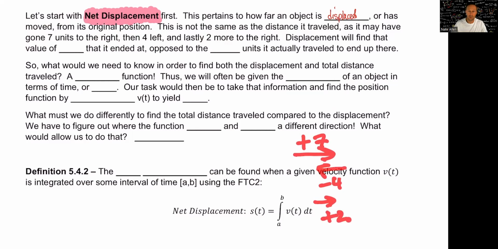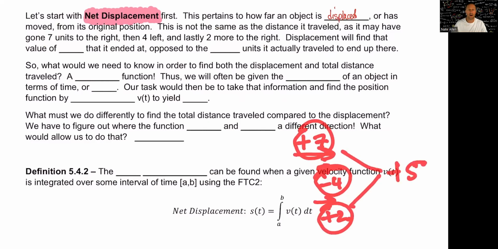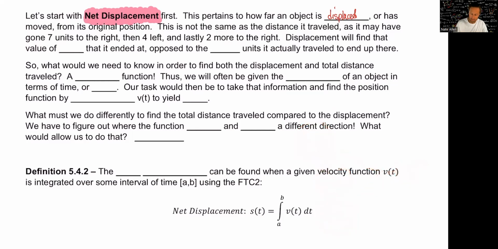You can see there that we would have ended up at 7 minus 4 is 3, plus 2 more, we would have ended at a positive 5. So that's what we mean by displacement, where we said the total distance would have taken all of those values, the 7, the 4, and the 2, and got a total distance of 13 that we traveled. So a little bit different there.